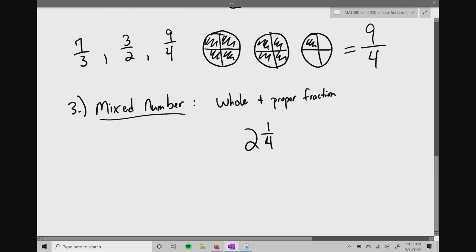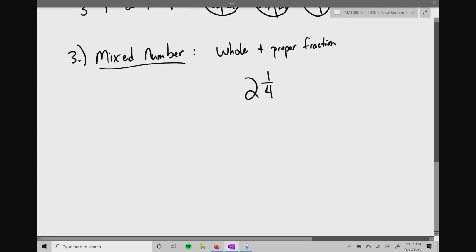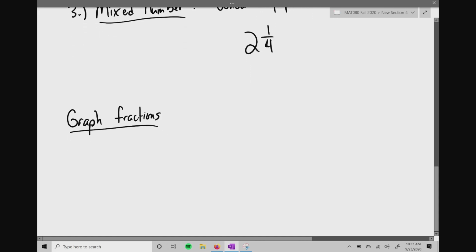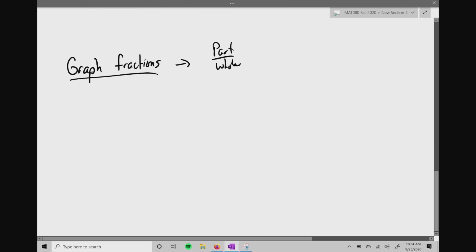All right, good. So, how do we graph fractions? It's actually very, very simple. Okay? The thing we have to remember is that a fraction is a part divided by the whole. And if you can remember that, then graphing is very natural. So let me show you what I mean by that. Okay?